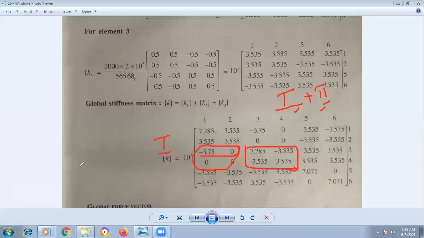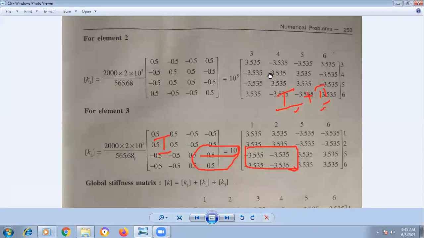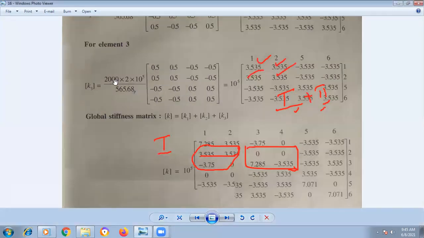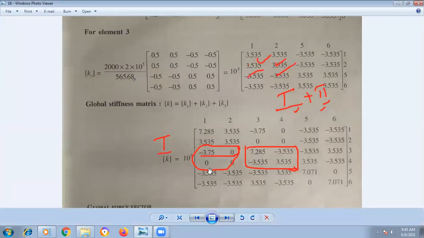First matrix it is 3.75. Second matrix you will have 3.535. So that is also being added. The remaining things are zeros there. So you can use them.